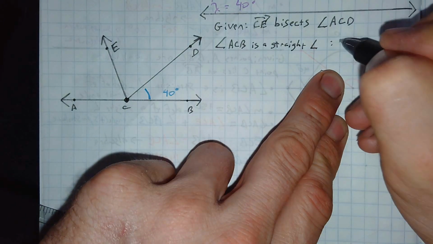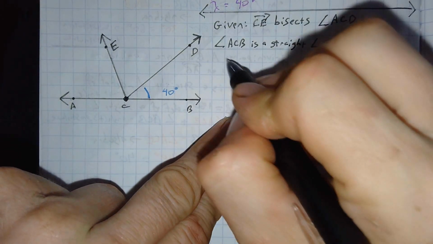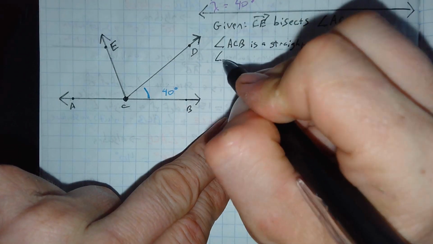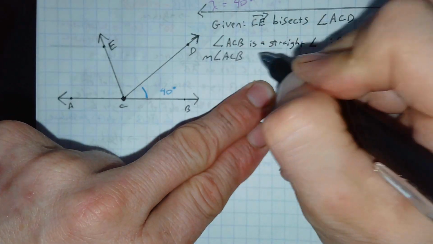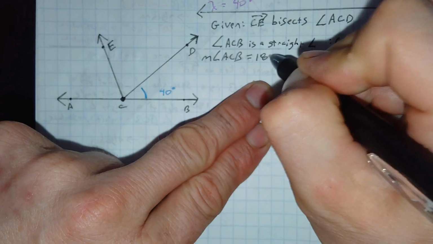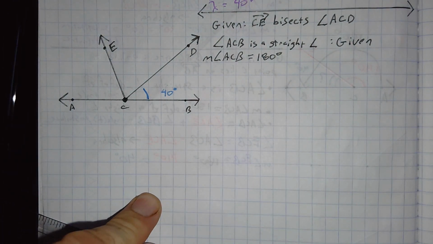It's given. So because of that, I can say that angle ACB, the measure thereof, equals 180 degrees. So all this together equals 180 degrees.